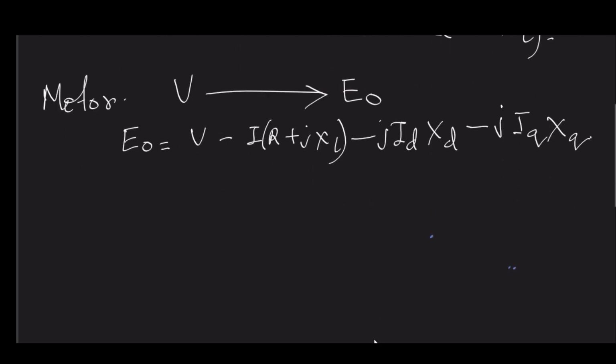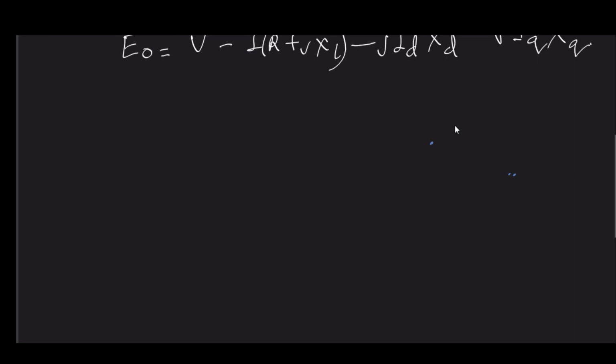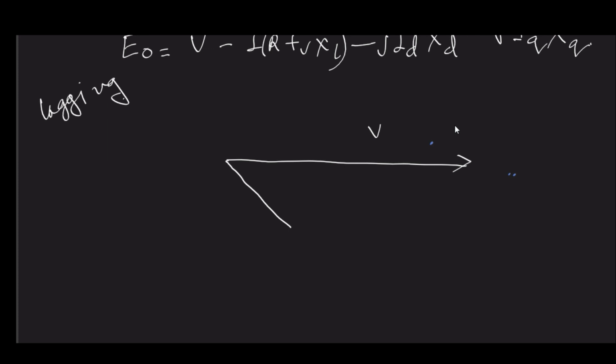So from this we can draw the phasor diagram of this motor also. This is our V. Now suppose the motor is drawing lagging current. Lagging current means I will be lagging V by an angle theta.